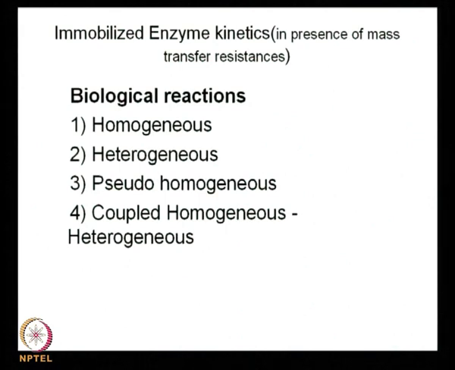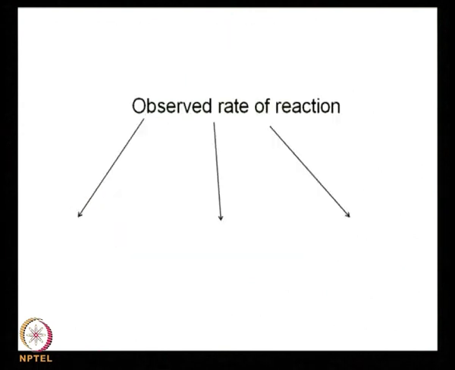So, now let us try to understand what the reaction rates would be for some of these processes. Next, what I want to discuss is the observed reaction rate, and as I said, the observed reaction rate is different from the intrinsic reaction rate. It could be equal to the intrinsic reaction rate in certain cases. When we talk about the observed reaction rate, we divide it into different regimes.